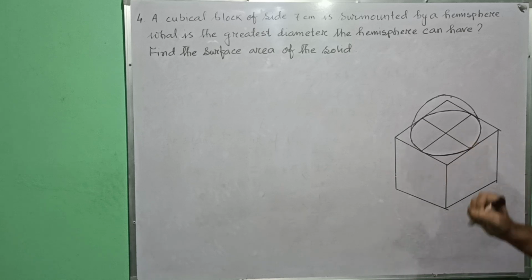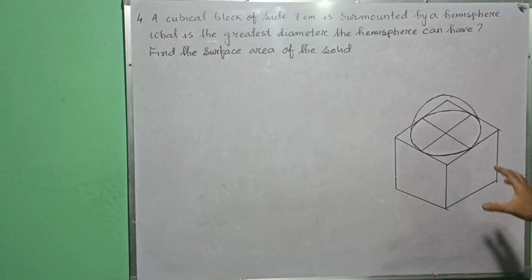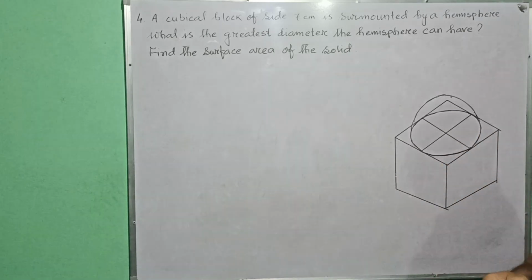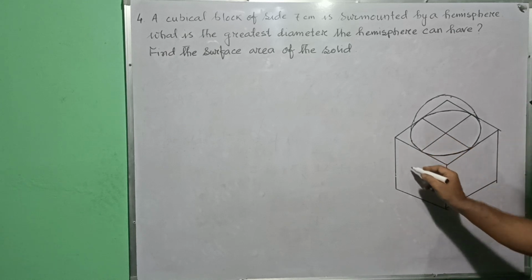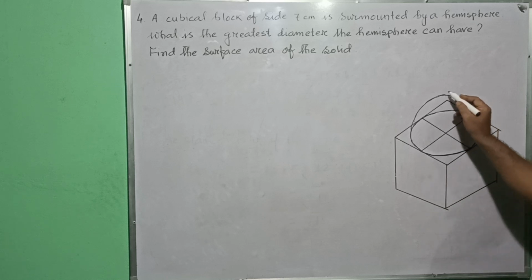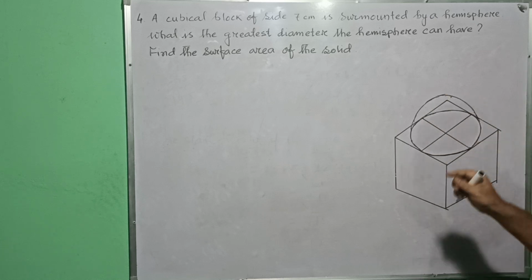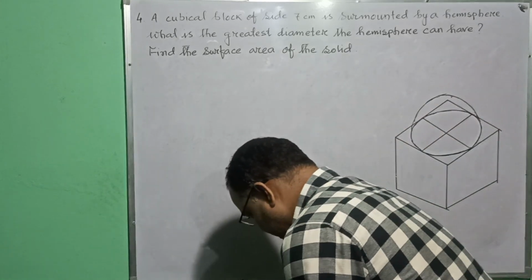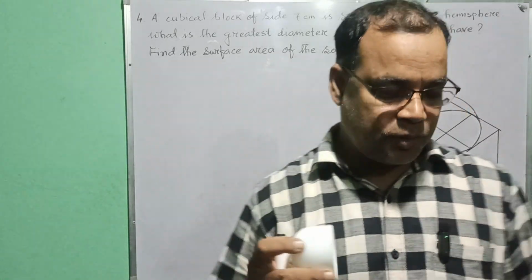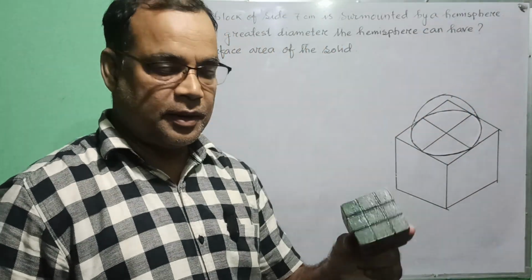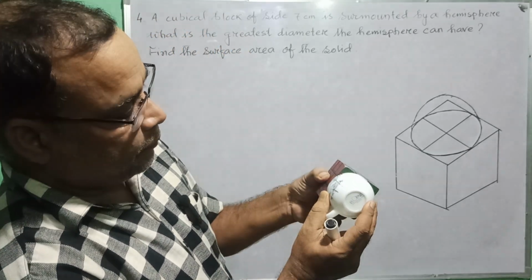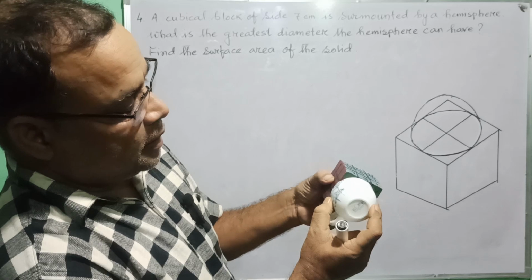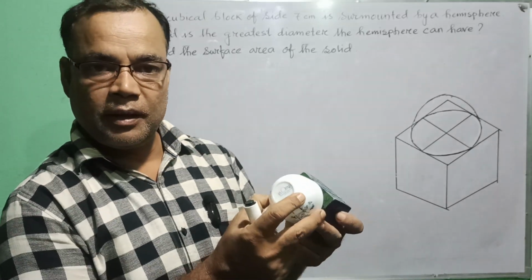I have already drawn the figure, as it is a little complex. This is the cubical block, and that one is the hemisphere, as it is surmounted. Suppose this is the cube and this is the hemisphere.